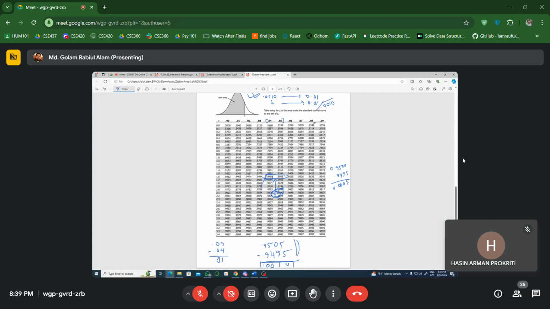If the difference of value is 1, then the standard deviation difference will be 0.01 divided by 0.0010.